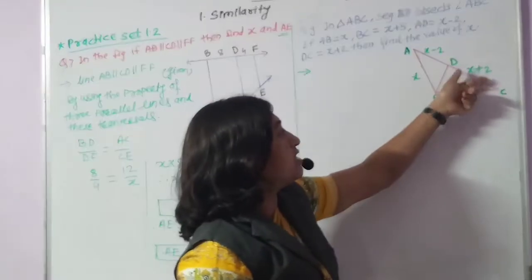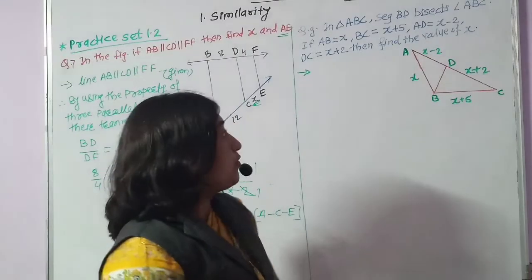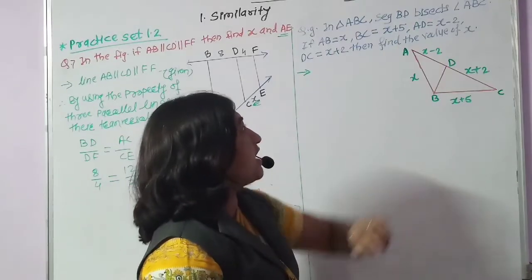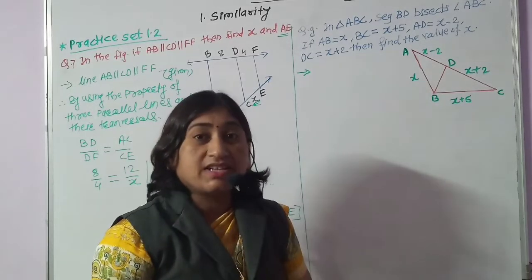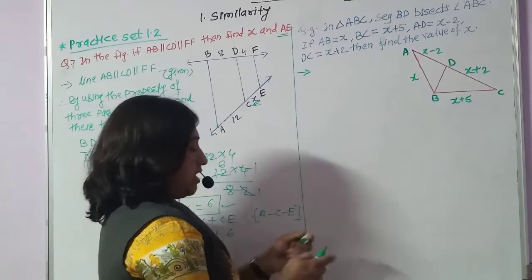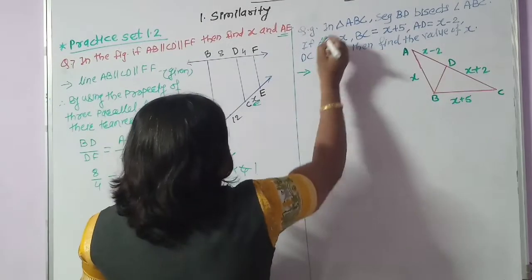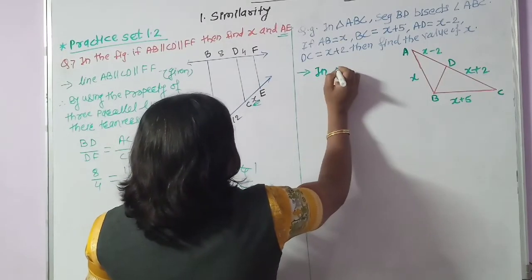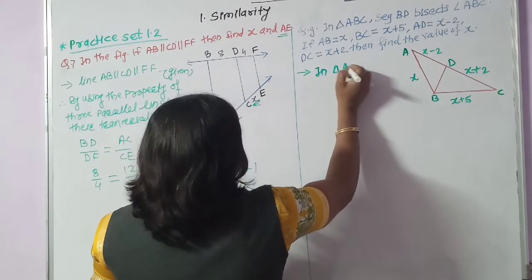If we observe this diagram, we are already given that in this triangle, segment BD is the bisector of angle ABC.